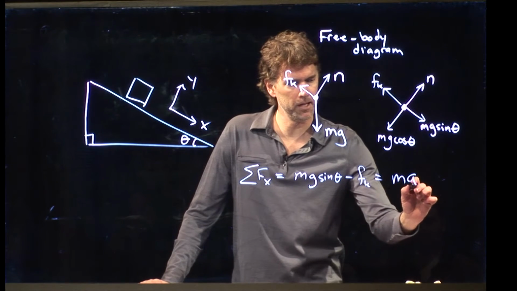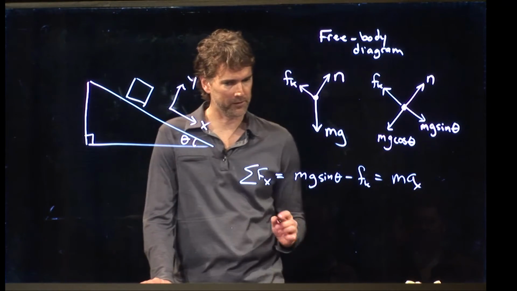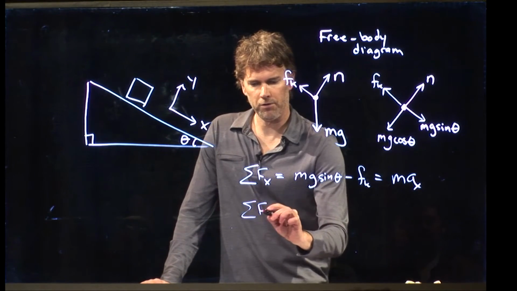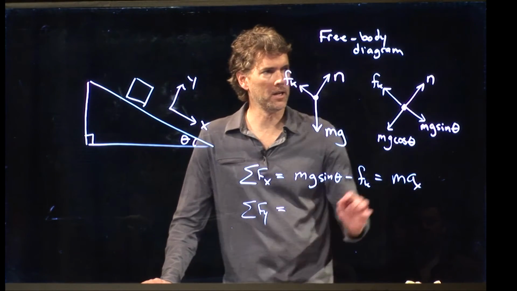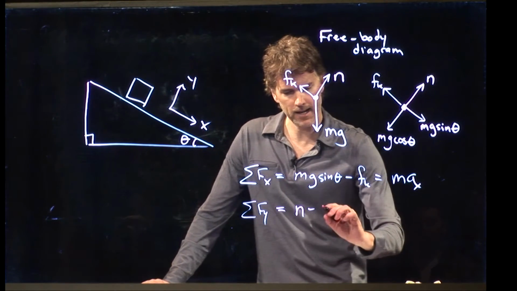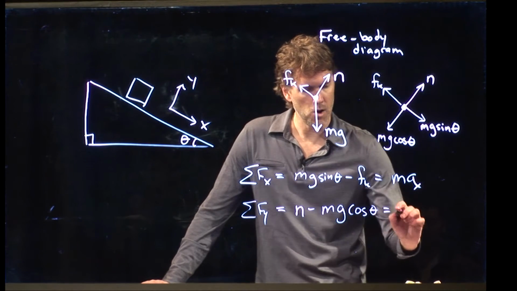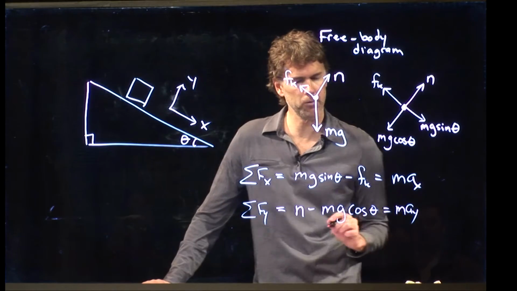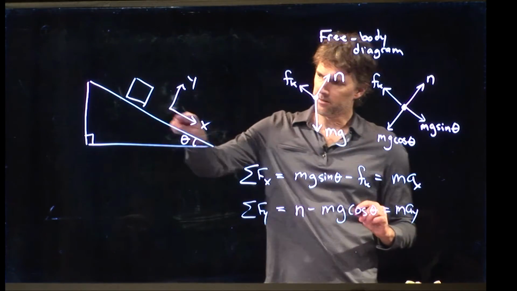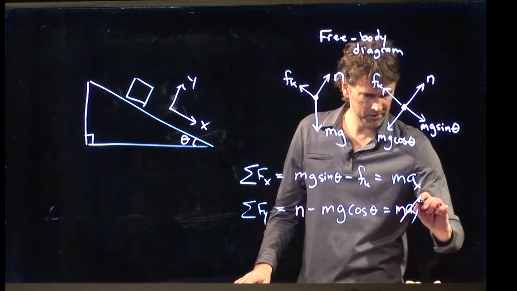All of that is going to be equal to the mass times the acceleration in the x direction. The forces in the y direction are going to be n minus mg cosine theta. All of that is equal to the mass times the acceleration in the y direction. But if it's moving along an incline, then we say that's 0.